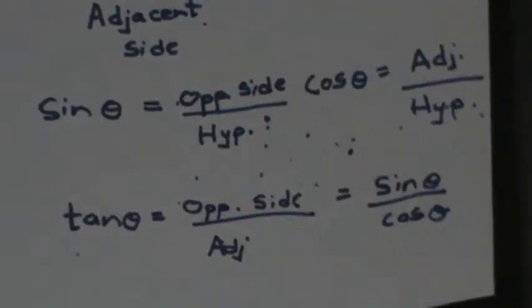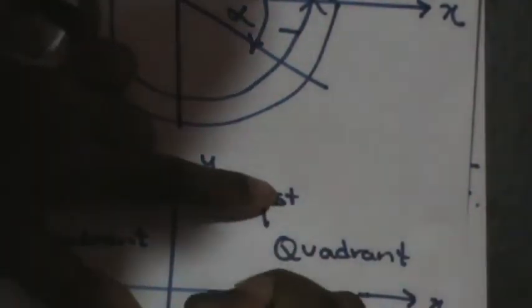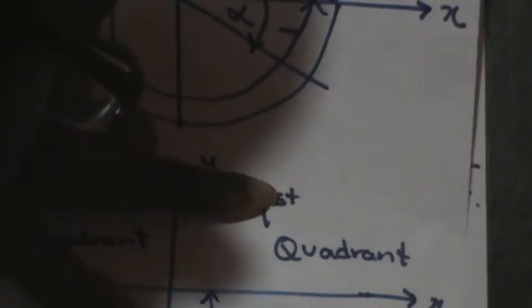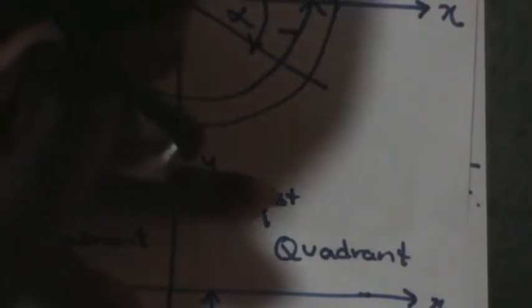Now you know that theta varies when the angle is either increased or decreased, and we call this point, in which the first quadrant begins, the principal base, or the base axis of rotation.